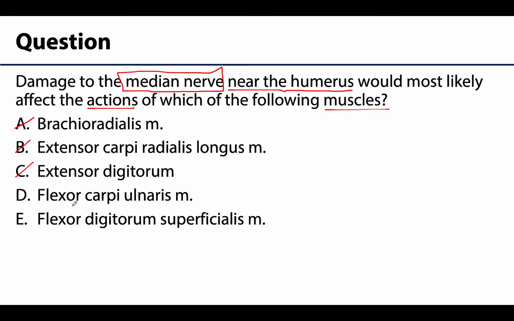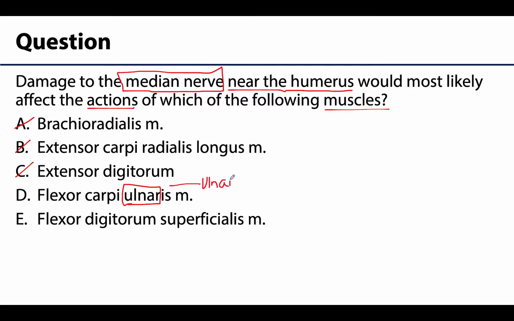So one of these, though, is going to be innervated by the ulnar nerve. So it's one of those exceptions to the rules. And you can see from its name, it has ulnar right in there. So that is telling that this is going to be innervated by the ulnar nerve.